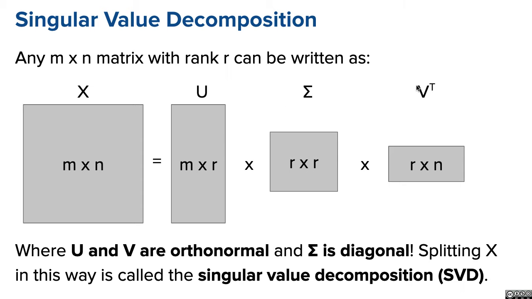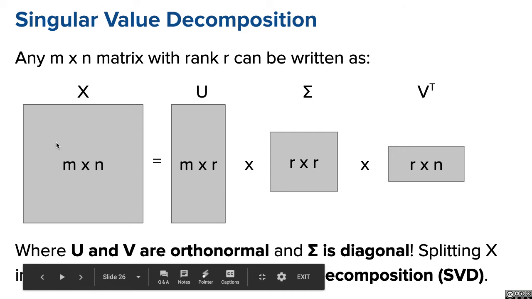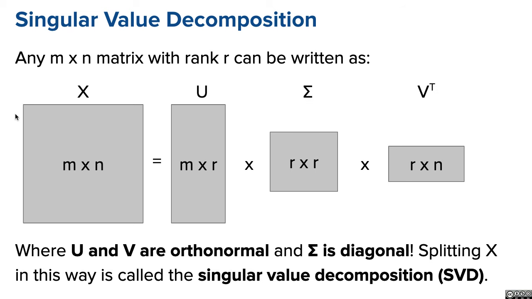U and V are orthonormal matrices, and sigma is a diagonal matrix. If you can find the right matrices to do this splitting up of X, then we call that the singular value decomposition. So the singular value decomposition is kind of like an operation that you apply on X to decompose it into three smaller matrices.